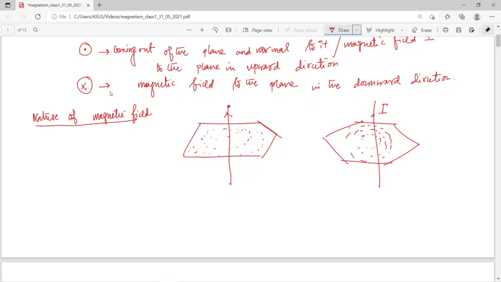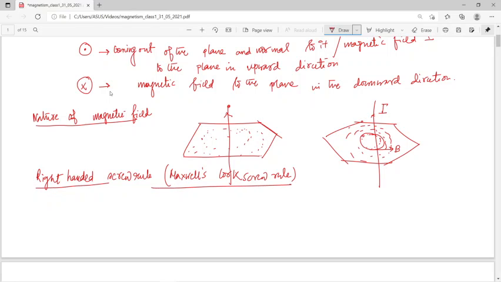Now, how do we get the direction of the magnetic field? Because these are concentric circles, the magnetic field acts tangentially, and that can be found by another rule, the right-handed screw rule, also known as Maxwell's corkscrew rule.